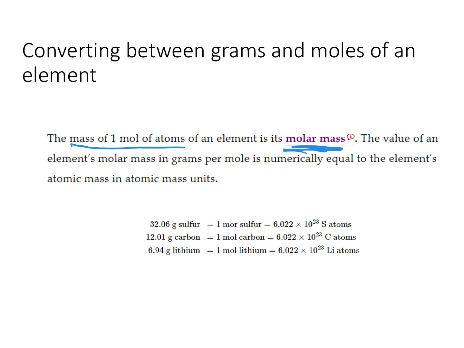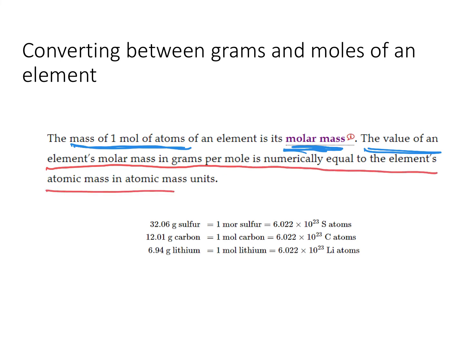So molar mass is mass of 1 mole of atoms. And this is really important. We use this till the rest of the semester. The value of an element's molar mass numerically equals the atomic mass unit. So I repeat that. The value of an element's molar mass in grams per mole is numerically equal to the element's atomic mass in atomic mass units.